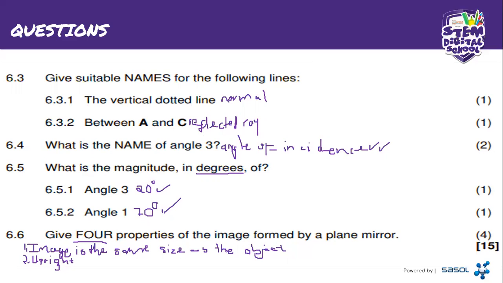It does have a left and right inversion, but we definitely know that it is upright. Let us look at the third one. Remember, the light rays never meet. So the image is virtual. That will be the third mark.